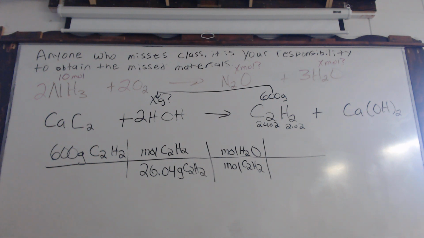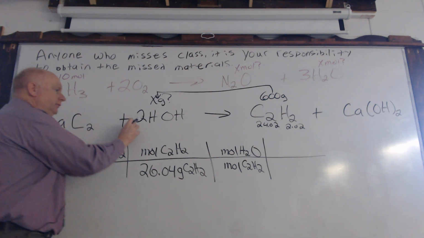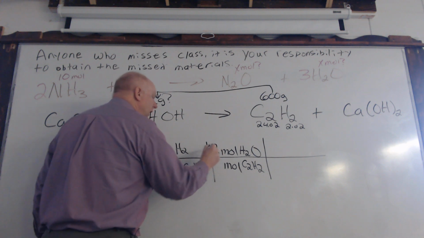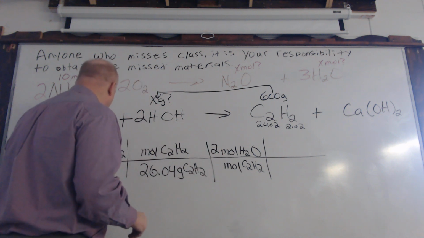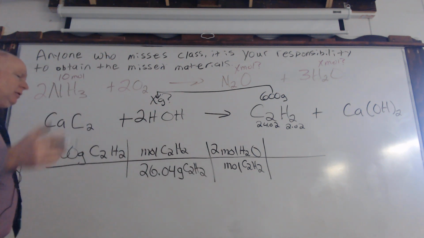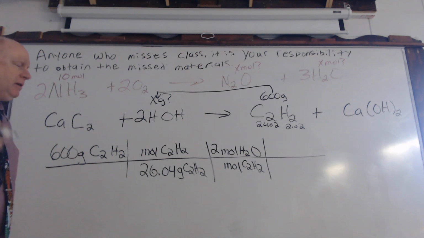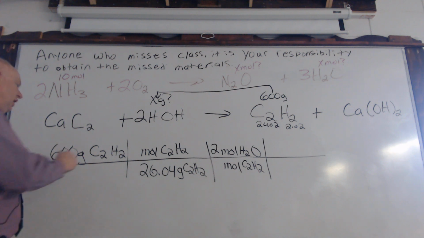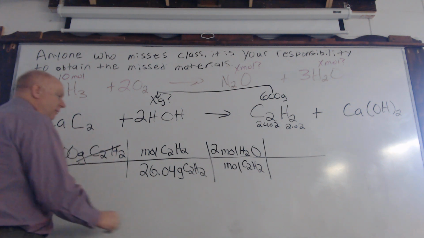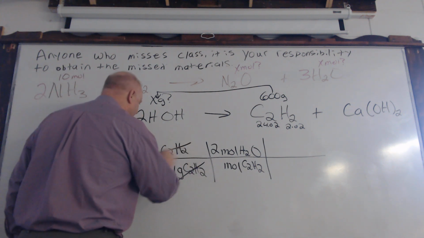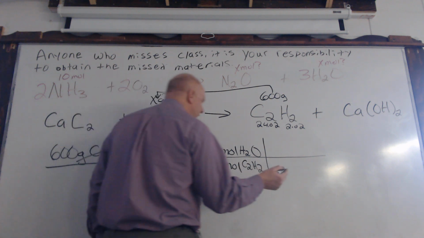Is there any coefficients we need to put in here? Yes. Which one and where? This 2 goes here. So I ran into some of your senior friends on the volleyball team. They said, we really enjoyed doing this part. Maybe it's just the crossing off of things.